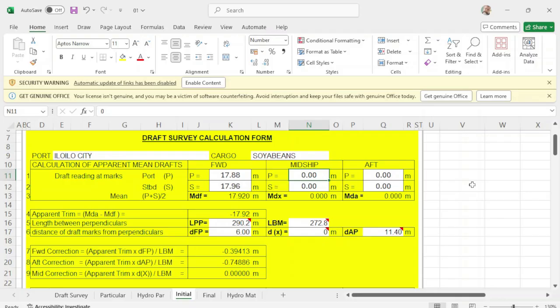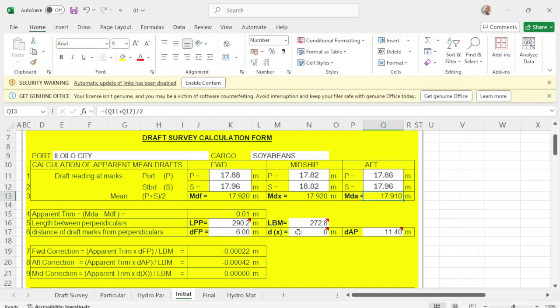Then 7.82, enter 8.02. Then we go to up 7.86. Then starboard will be 7.96.